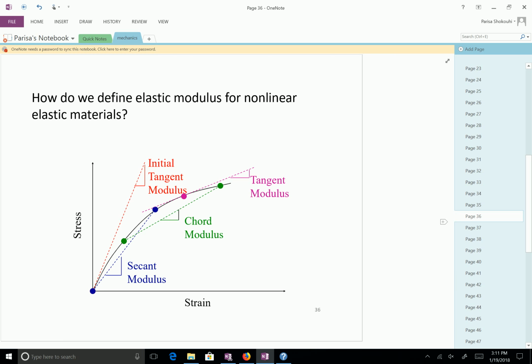In fact, if you calculate the tangent at every point, you are going to get a tangent modulus at that particular strain. So basically, if you differentiate stress with respect to strain at every point, you are going to get a different modulus. And that we call tangent modulus.